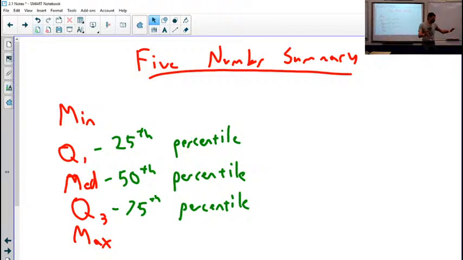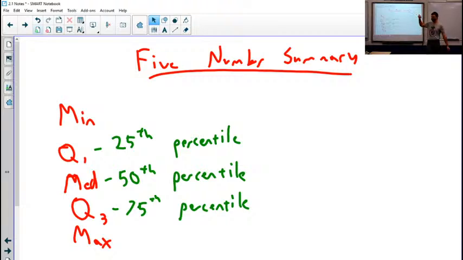Sometimes you'll be given a distribution or a set of data, and while looking at that graph, you should be able to tell me where the median or the quartiles are. This is especially useful if we have a huge list of data, so that we don't have to spend a whole ton of time entering stuff into the calculator to find the median.